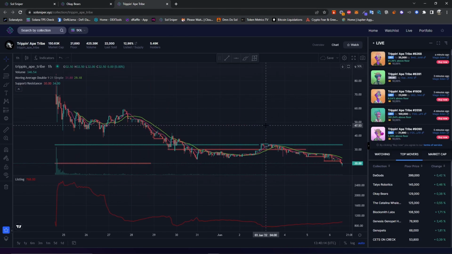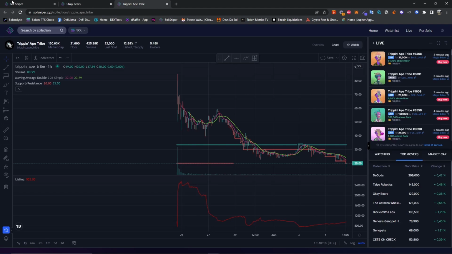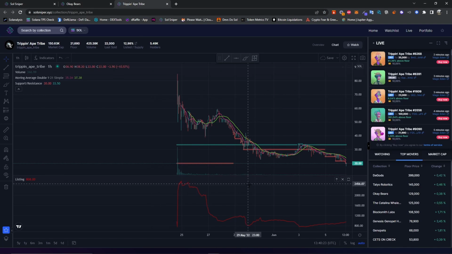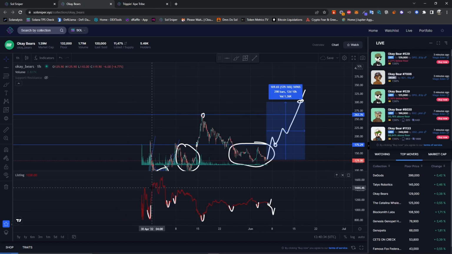And for Tripping Ape Tribe, this is why I actually picked those. First, they are both trending, but it's perfect because the chart here is different, right? Here you can see the listings just went down.